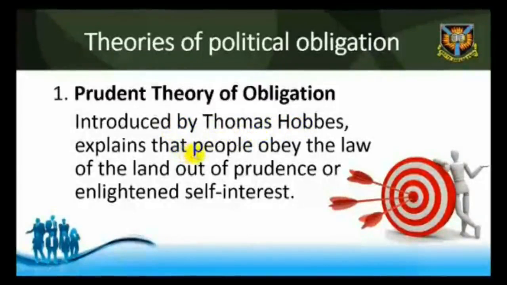His explanation was that people obey the law of the land out of prejudice or enlightened self-interest. This is because in societies, government exhibits the instrument of coercion with which they can visit law offenders. It is the fear of discomfort, pain, or harm which makes people to obey. In other words, people obey for fear of punishment.